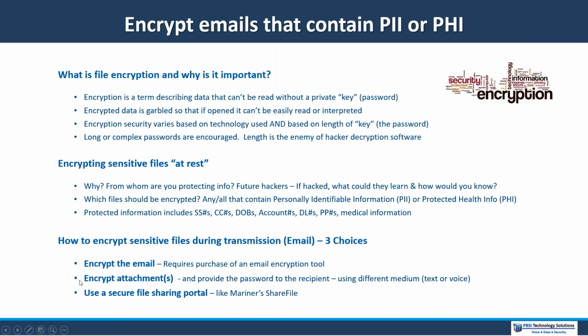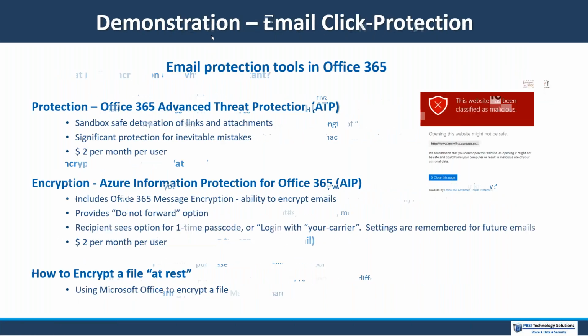You don't need PDF Professional, Adobe Professional. You can do it with the free version. You can save your PDF as an encrypted attachment or an encrypted file, and then you can attach that file to an email. And if you've done that, then you're safe as long as there's no text in your email that includes protected information. Or use a secure file sharing portal like ShareFile.